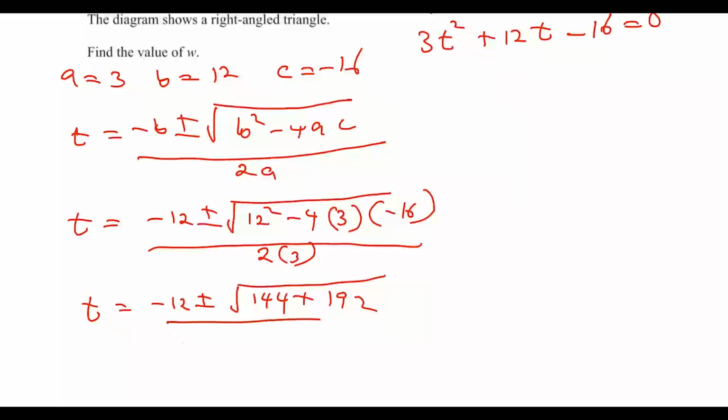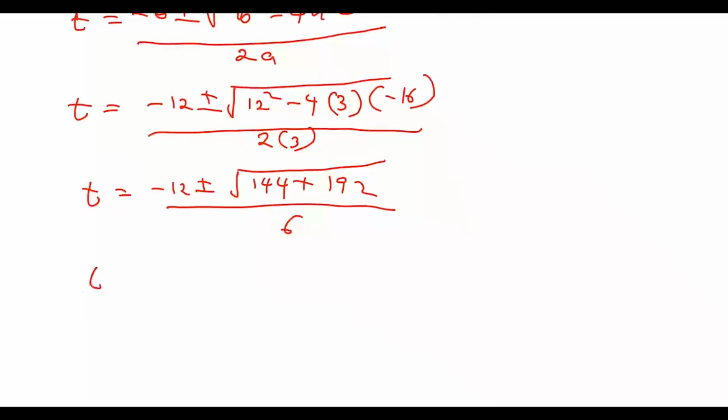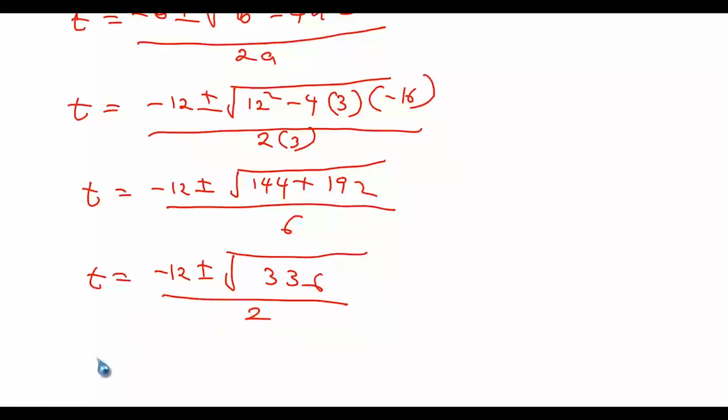So over 6. Okay, so we can simplify this further. t will be equal to negative 12 plus or minus the square root of 144 add 192, which will give you 336, over 2.